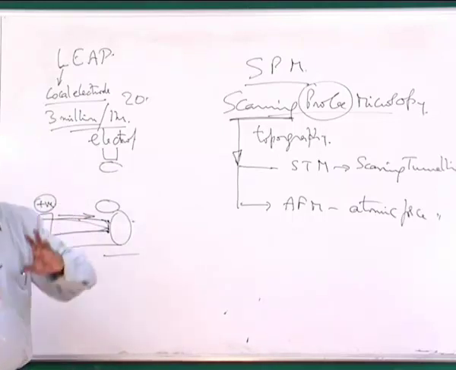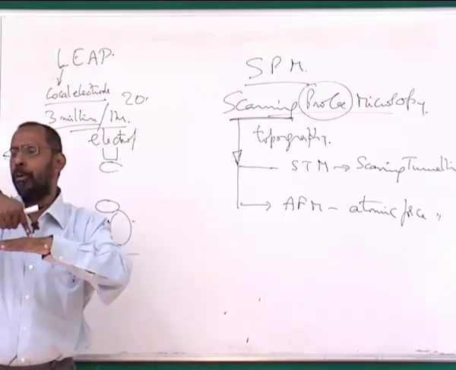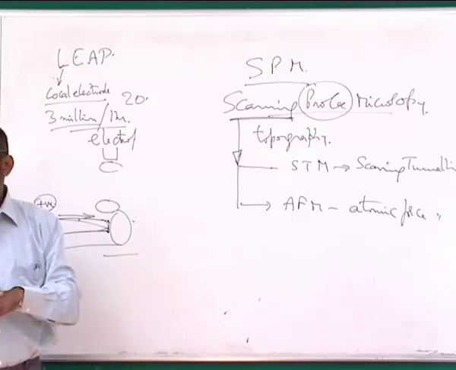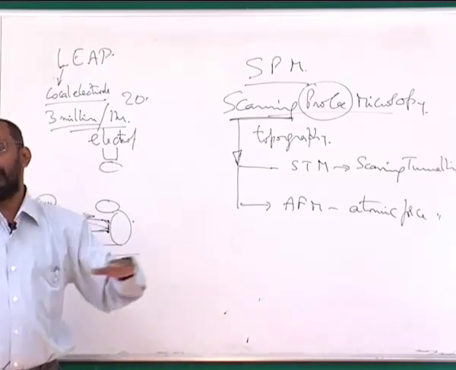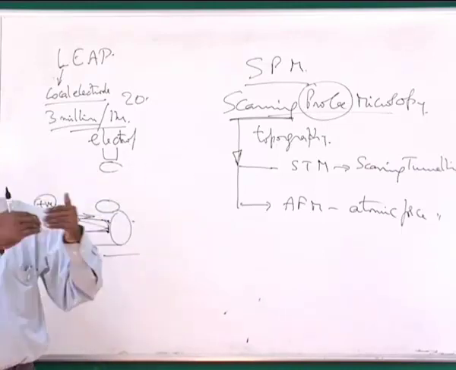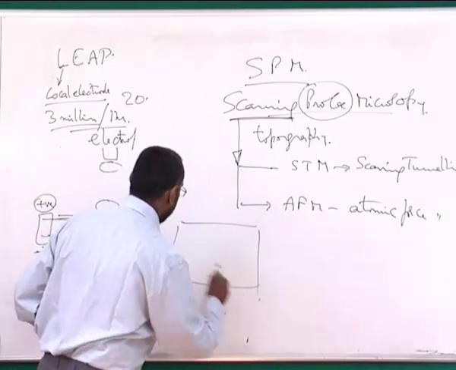Scanning probe microscopy is a general term used for all microscopes where you use a probe, which is basically a cantilever, which moves on the surface in a line and then covers the whole surface in a number of steps. So you can take a sample, put a probe on it.